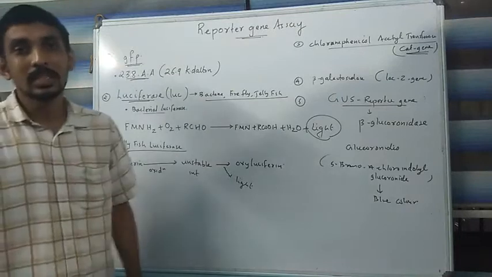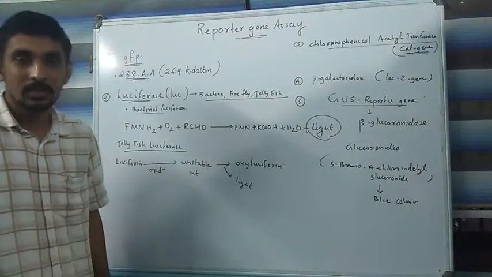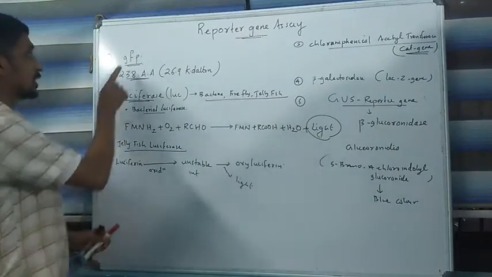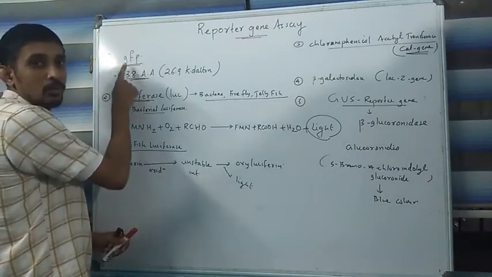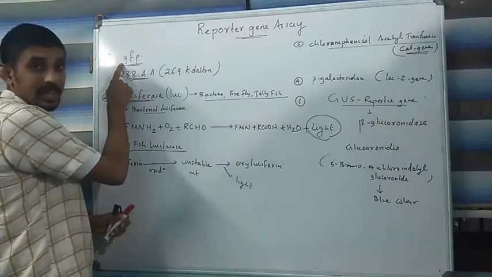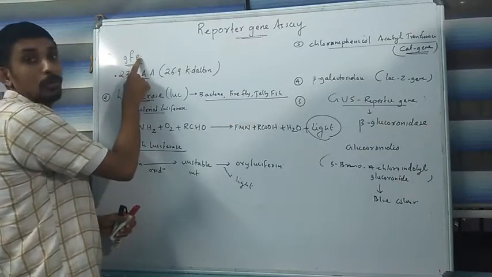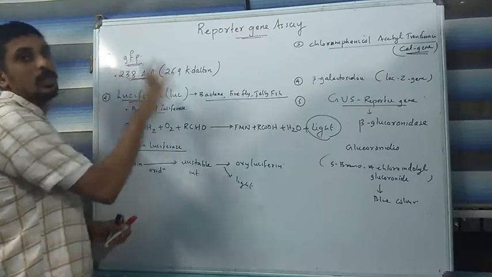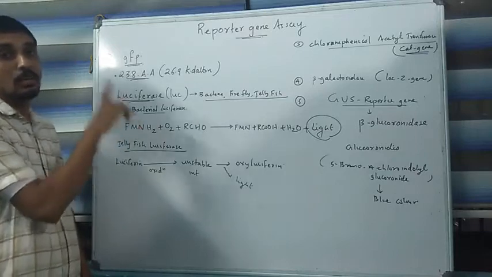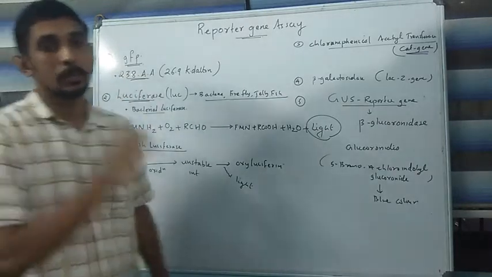GFP means green fluorescent protein reporter gene: G for green, F for fluorescent, P for protein. The first example of a reporter gene is the green fluorescent protein reporter gene.